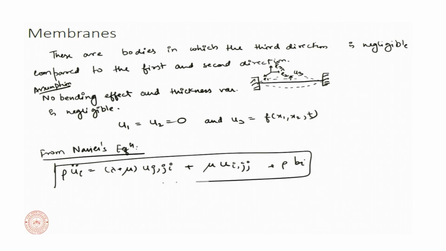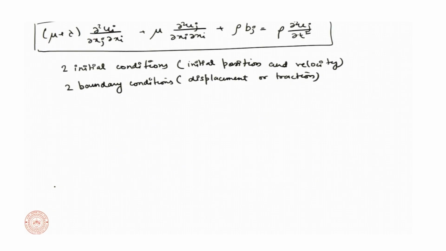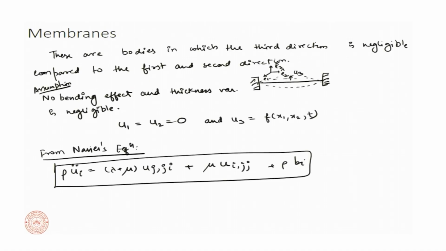So, this was our Navier's equation. Let us just quickly check one time. You just replace i with j, that is correct. So, lambda plus mu and mu.